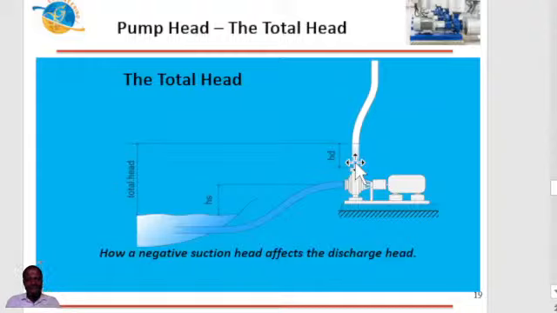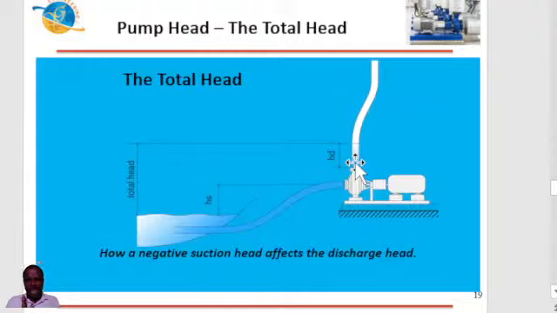So, to get the correct pump for your applications, first you need to know what total head you need and at what flow rate. This is the beginning of any detail engineering activities as far as centrifugal pumps are concerned.